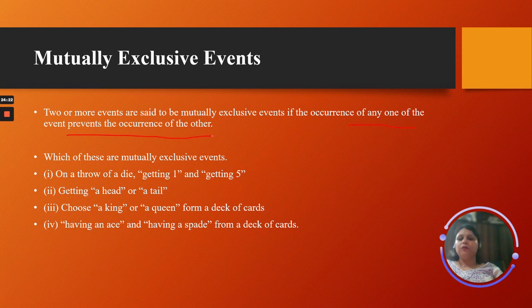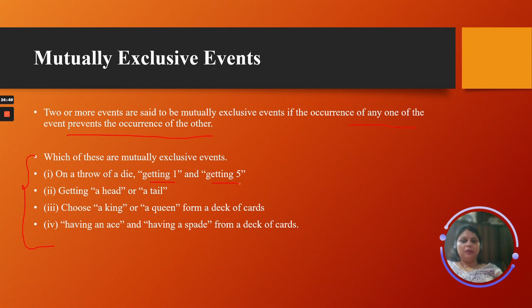The same way with getting a head or tail. At one time you get head, at another time you might get tail, but there is no chance that you get head and tail at the same time. So these are mutually exclusive events, the events which cannot occur at the same time.